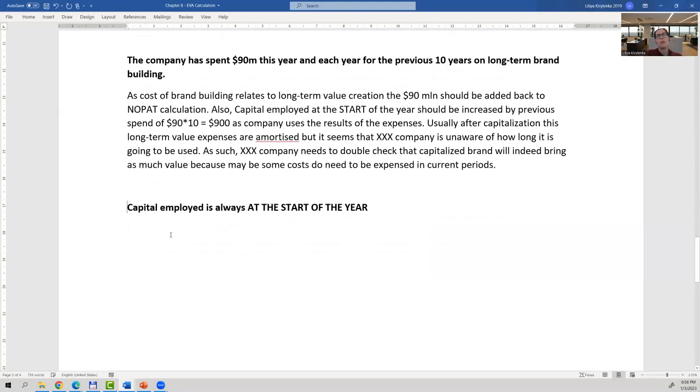So you will have capital employed as per accounting, and then some corrections. When you have some corrections, some adjustments, make sure that you will not record an adjustment that is already there. Well, for example, for the previous example, that 900 is not included in that list of adjustments. Okay, so that's it.